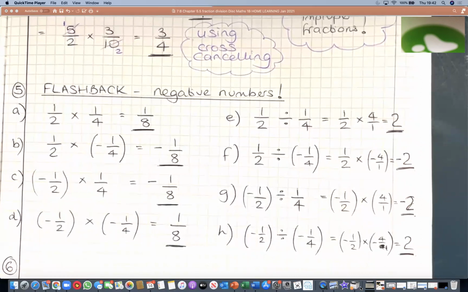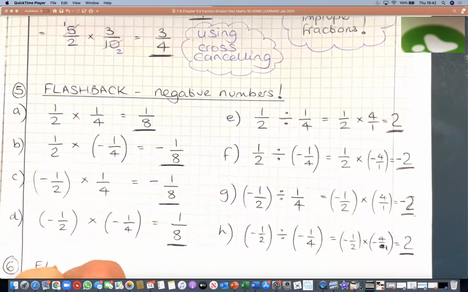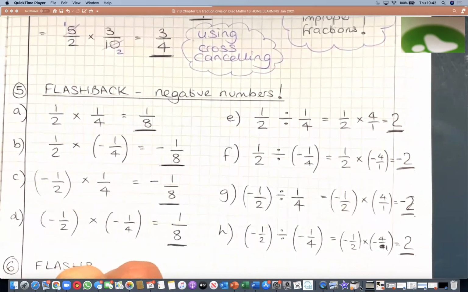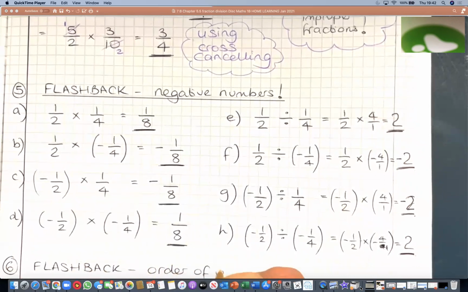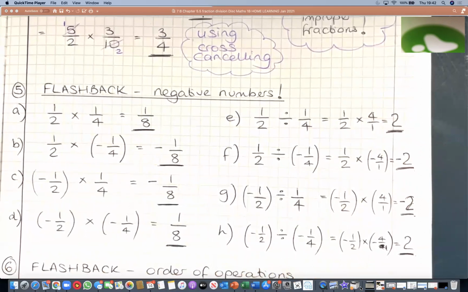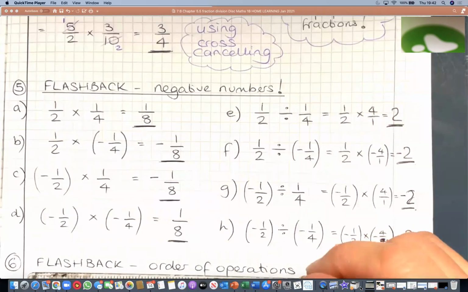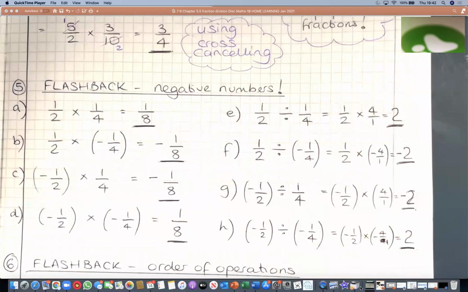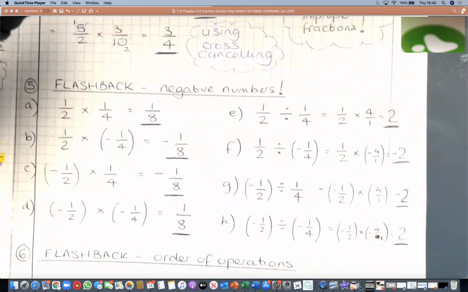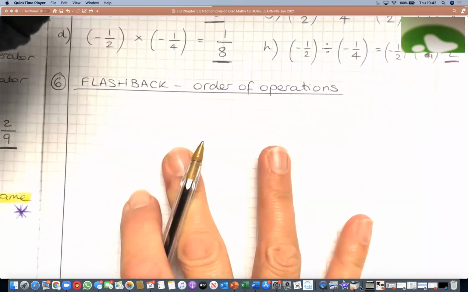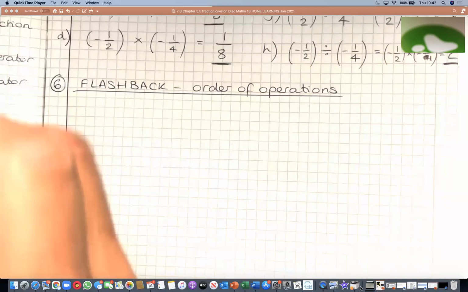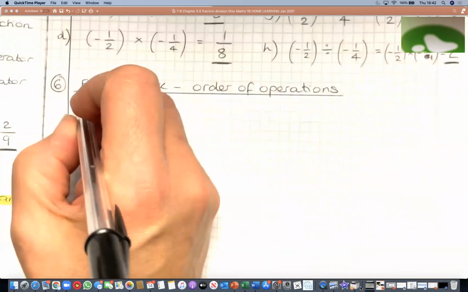Finally, a quick flashback for order of operations. Again, I'm going to have to just move my book a little bit so you can see. Okay, so a quick question here. Right, the last question that we're going to be looking at.